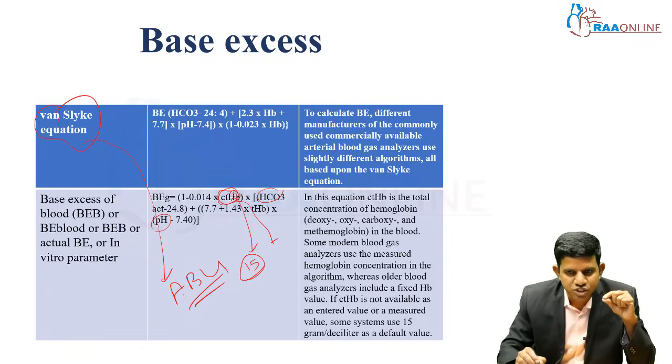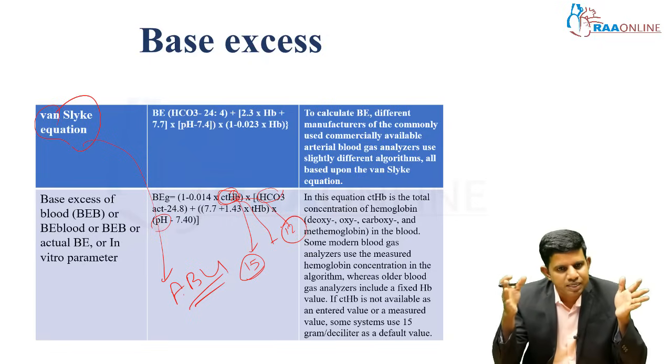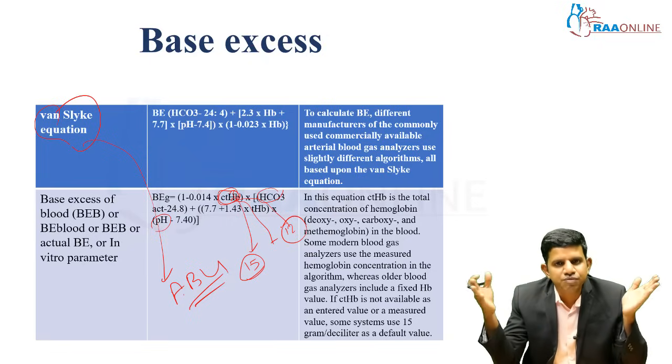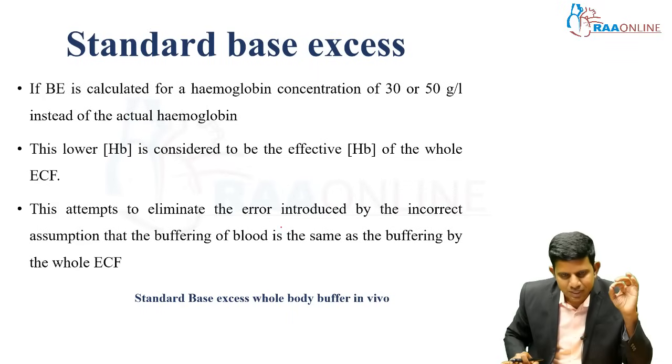Some will take it as a constant 15 always, and some ABG machines will use a constant hemoglobin level of 12. So, that is the reason the base excess value can be different if you use different ABG machines.